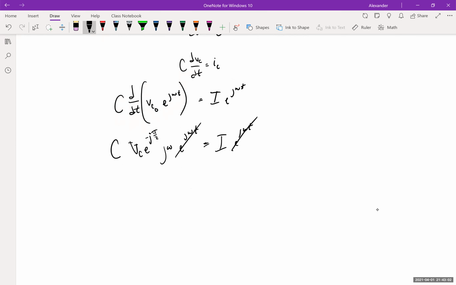E to the j omega t cancels. E to the negative j pi over 2 is actually negative j, but negative j times j is just 1. So this is VC equals I, and we're just left with C and omega.